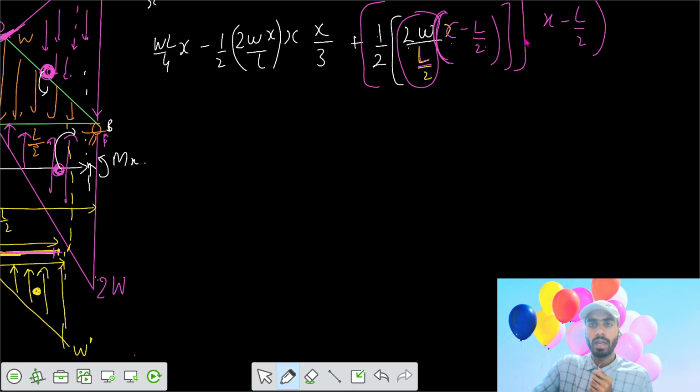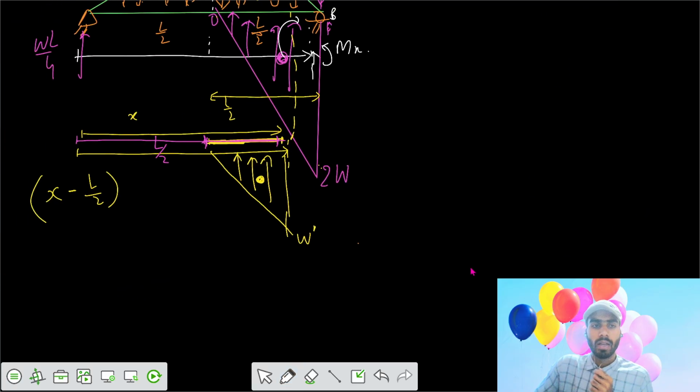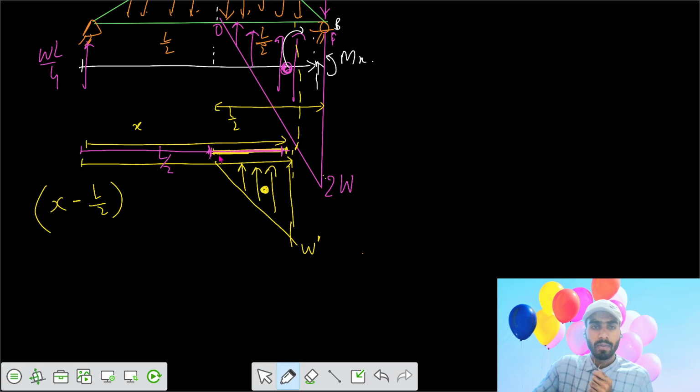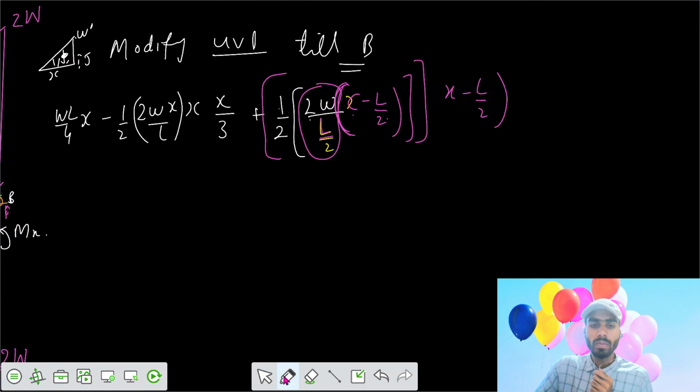And the centroid here acts at 1 by 3 of that. So this part is your 1 by 3rd of X minus L by 2. This is the centroid of that. So 1 by 3 X minus L by 2.